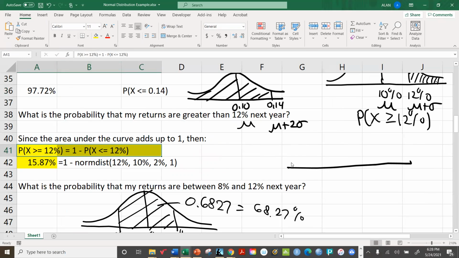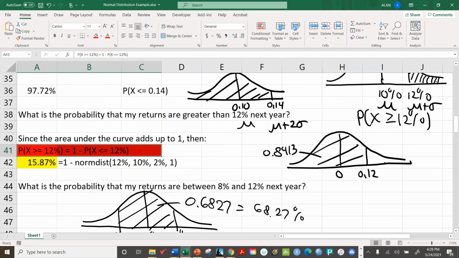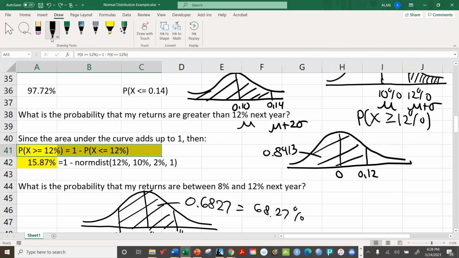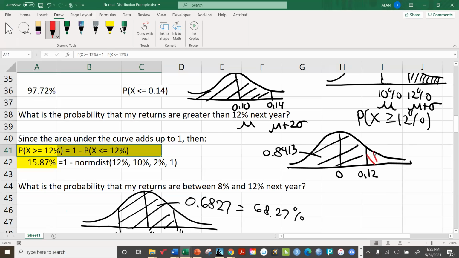So we just got through showing that the probability of being under 12% is 84.13. That means that the probability of being above 12% must be, oops, 0.1587.